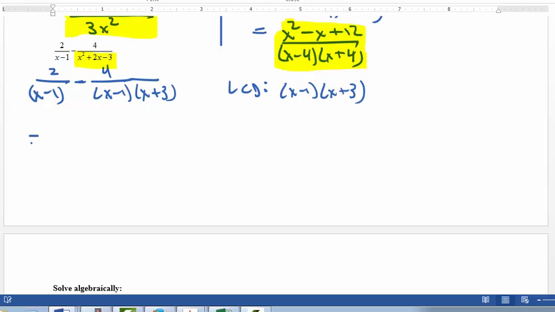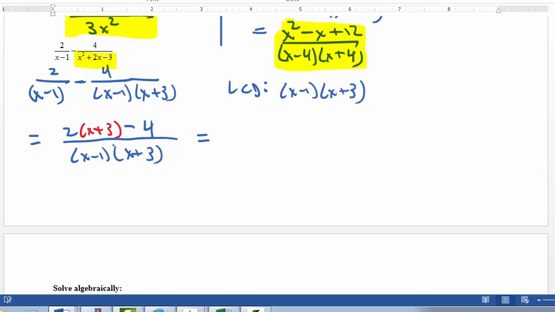So in this case, you're going to write this again as a single fraction all over x minus 1 times x plus 3. The first one, right, this 2 here, that was missing the x plus 3. So that needs the x plus 3. And then the second one, that already has the LCD, so that just stays as a 4, but it was minus, so it's minus 4.